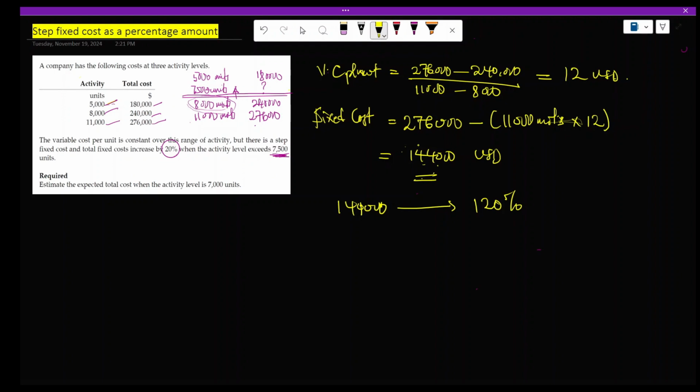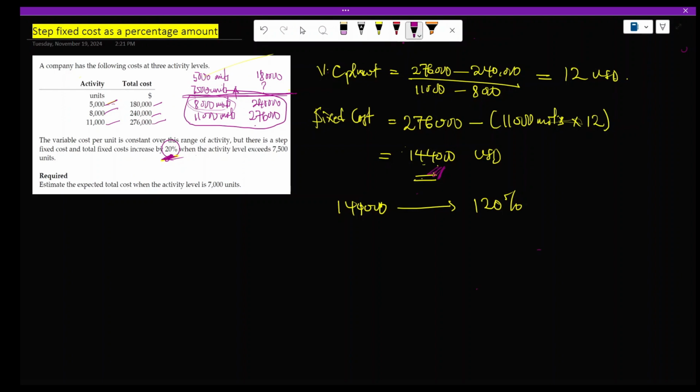Because the question stated that there's a step up in the fixed cost of 20% when the activity level exceeds 7,500. The activity level has exceeded, and we used the activity level above 7,500, so this 20% is inclusive in the 144,000.